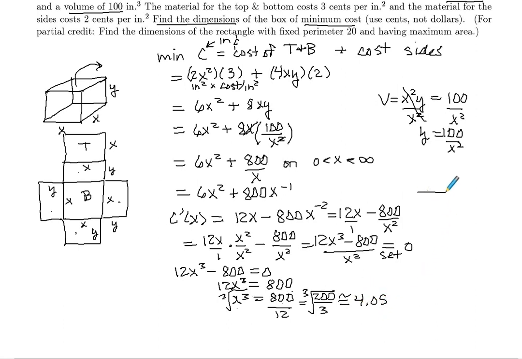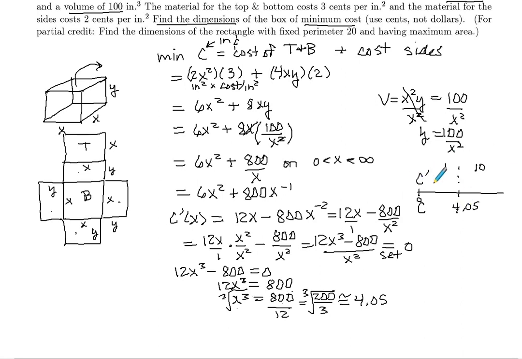So now we're ready to do our derivative test. So we do c prime above, c below. We've got a cutoff here at 0, and then we've got this cutoff at 4.05. So pick a test number here. Less than 4, let's pick 1. Greater than 4, how about 10?